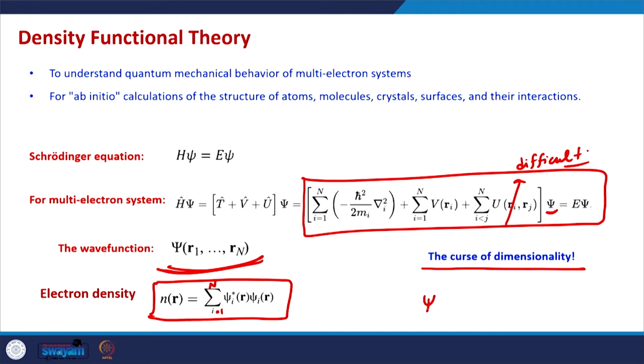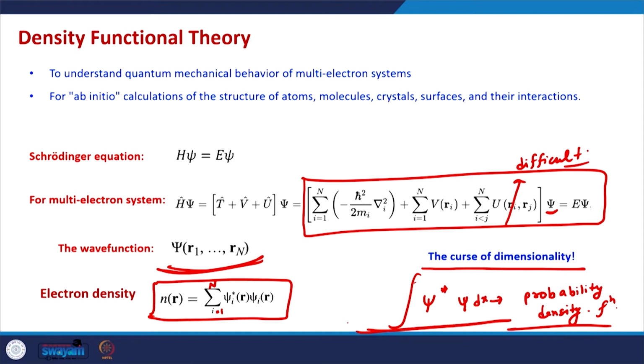If you remember, psi star psi is known as the probability density function, and if we integrate this over space, it gives us the probability that an electron will be found in a certain region of space.